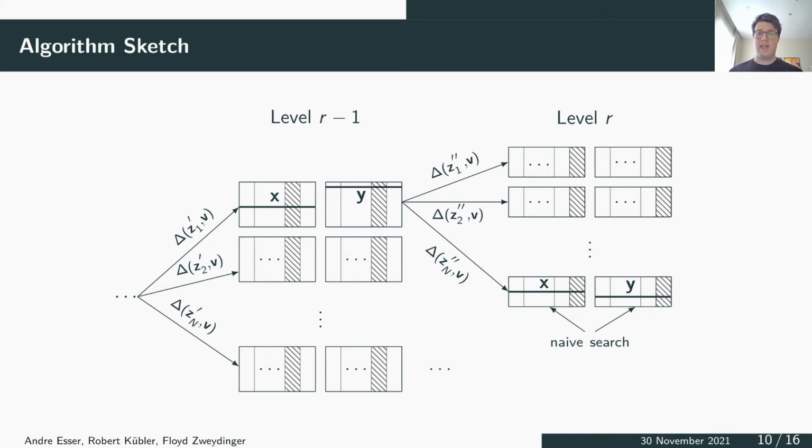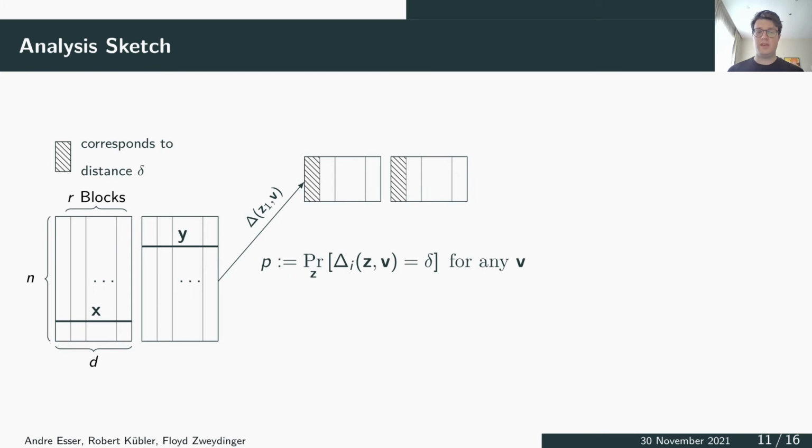So we are currently again looking onto the first level, and as I said, P is the probability that any element V survives the filtering step. But this is exactly the probability that V has a distance of delta on the first block to a randomly selected Z. Note that this distance on the first block is denoted by the subscript E in the delta operator.